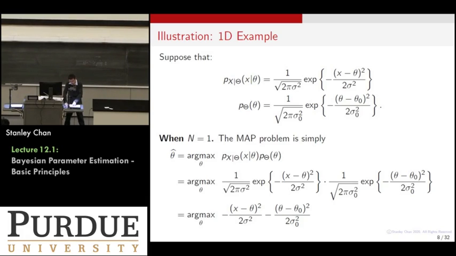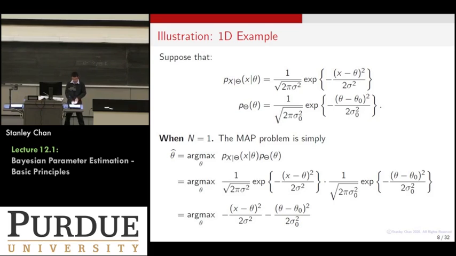Theta is an unknown parameter I want to estimate. There is an underlying prior distribution of theta. This theta has its distribution centered at theta 0 with sigma 0. That is the prior distribution. Once you know the distribution p of theta, you can plug it in here. Then the maximization becomes this.